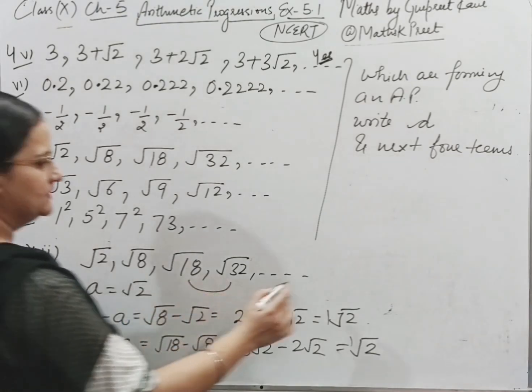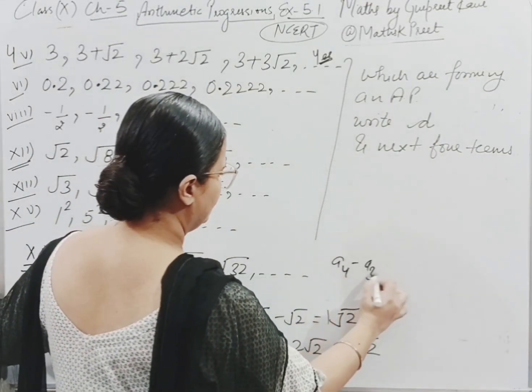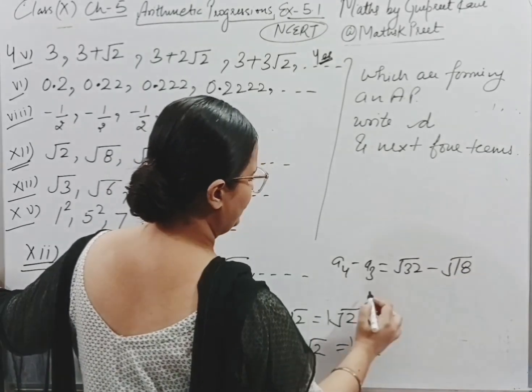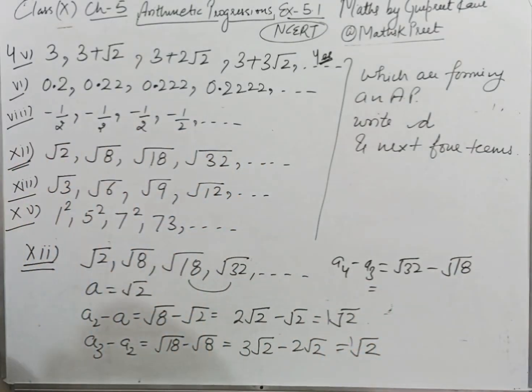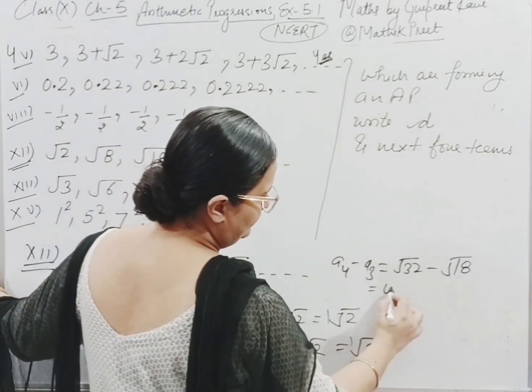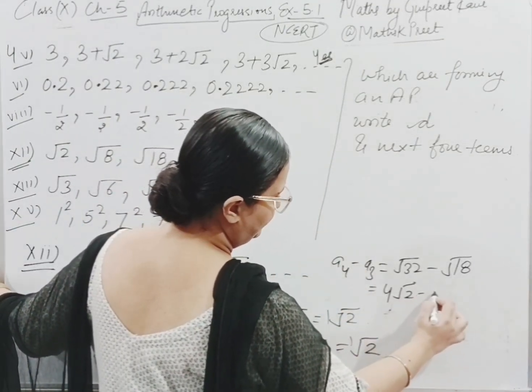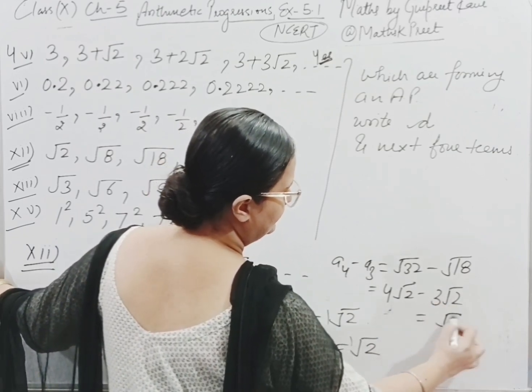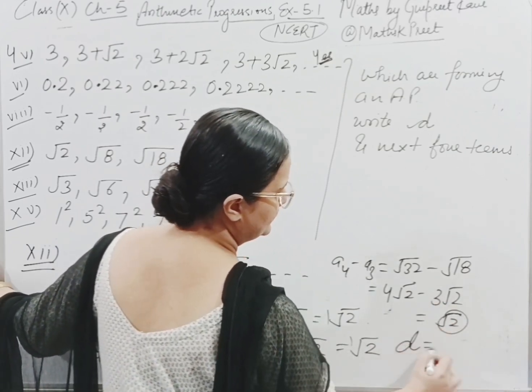Similarly, when you subtract A4 minus A3, root 32 minus root 18. So we write 32 as 2 into 16, 16 is 4 into 4. So I am getting 4 root 2 here minus this was 3 root 2. So 4 root 2 minus 3 root 2 is again root 2. So value for D is what?